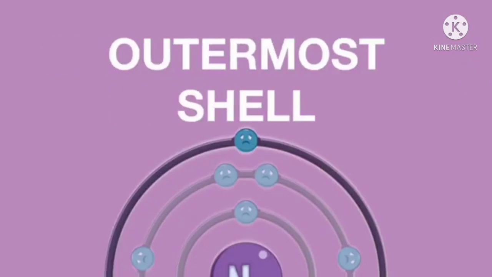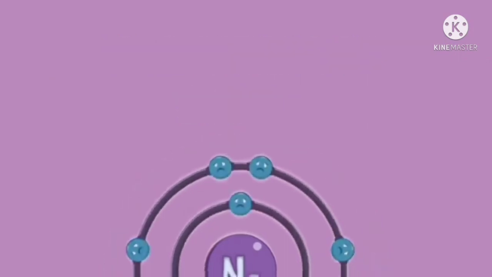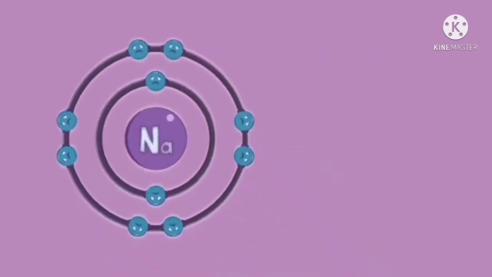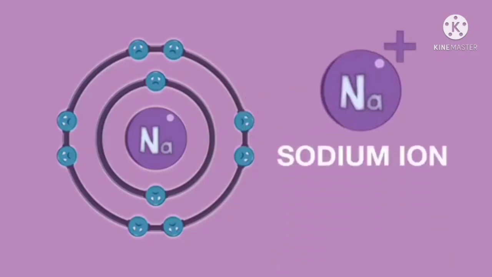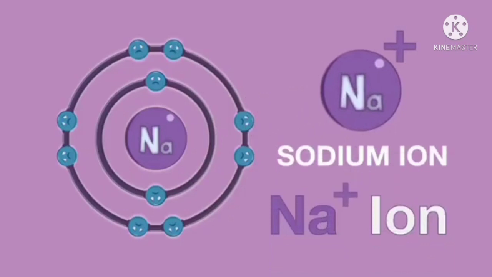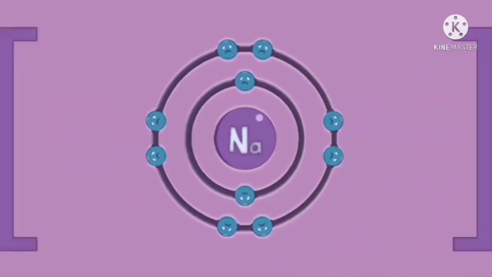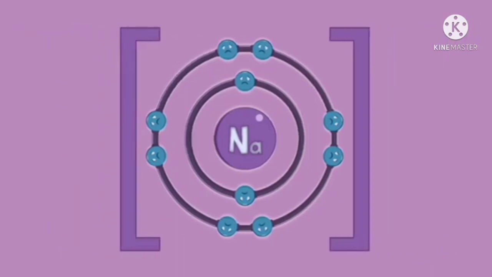As it has lost an electron, it becomes positively charged. I told you whenever an atom loses electrons in the outermost orbit, it becomes positively charged, so it is the sodium ion, Na plus. See how the charge is represented like this.